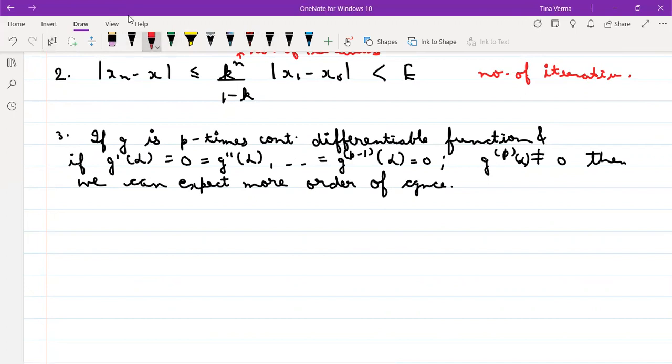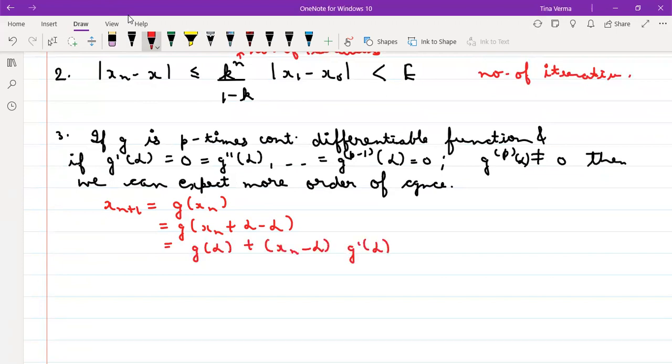So you can even go for this, that you have xn plus 1 equals g of xn. Can I write this? I can add and subtract alpha from this. So if you apply your Taylor series on this, yeah, the Taylor series f of a plus h, आप लगाते थे, f of a plus h times derivative of f dash a plus h square by 2 factorial f double dash a and so on.